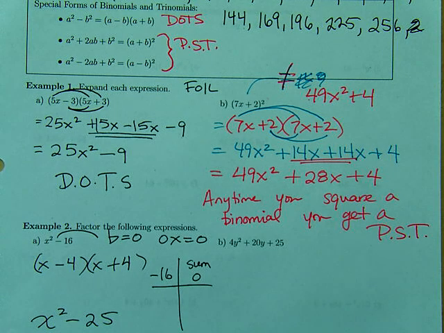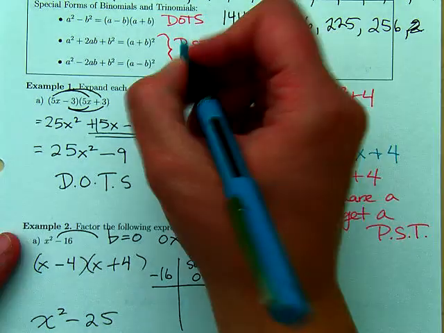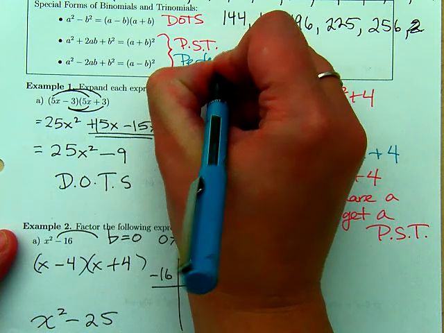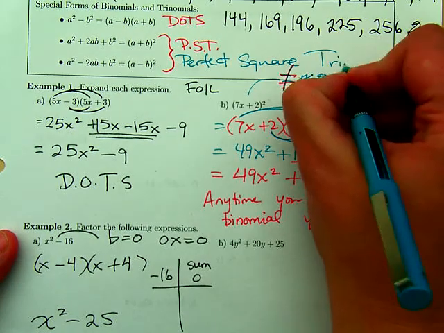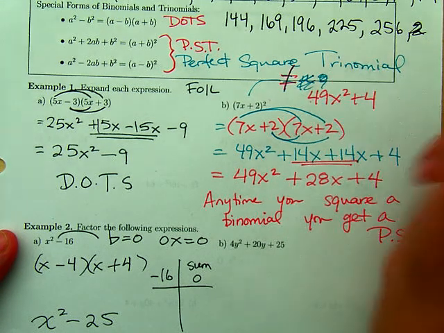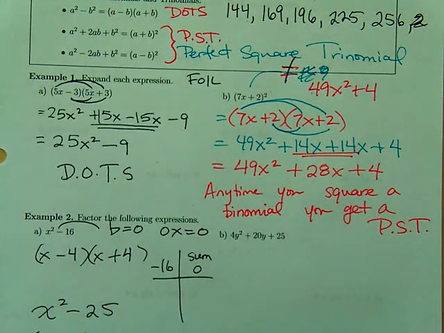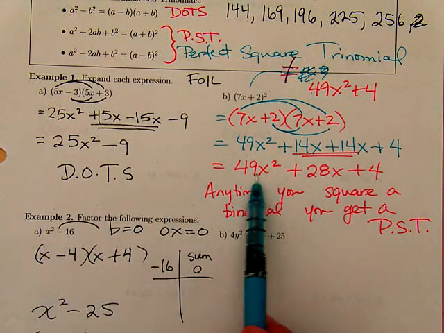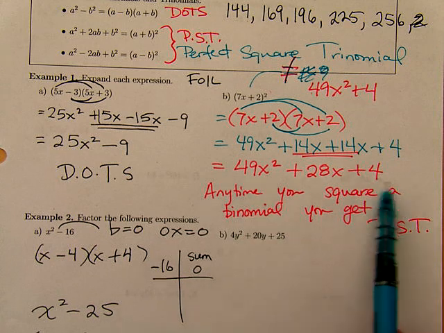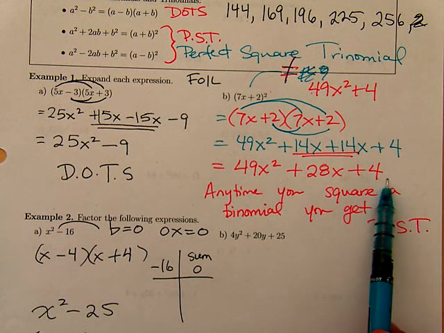Perfect square trinomial for the win. Yes, perfect square trinomial. Okay? So if it's a perfect square trinomial, that's really awesome because, again, it gives me clues about how to factor it, okay? So I see 49, that's a perfect square. I see x squared, that's a perfect square. I see 4, that counts as a perfect square.